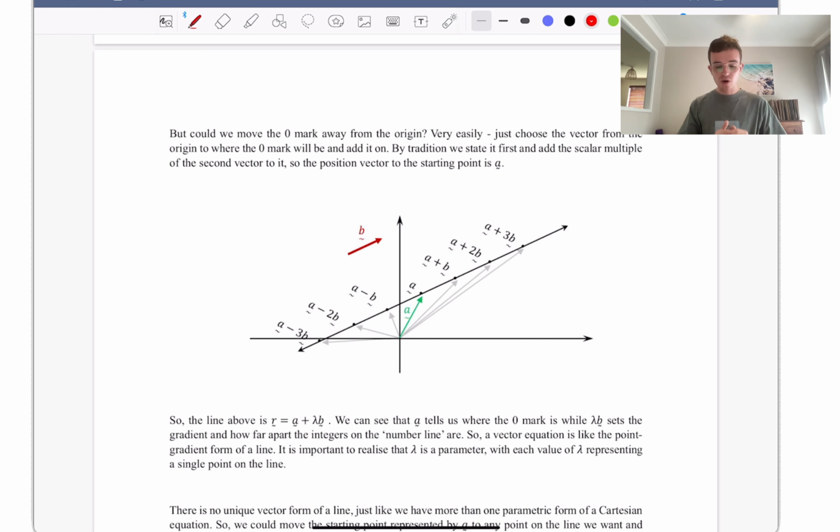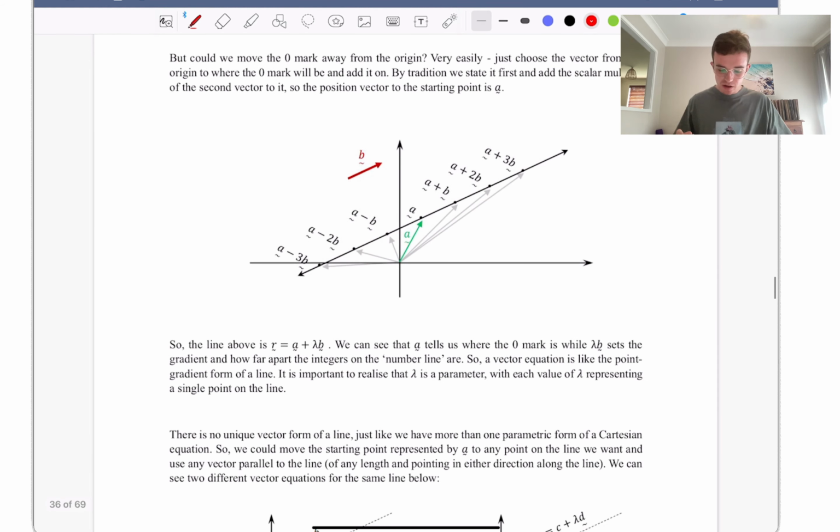So the line r is equal to a plus lambda b is some vector a, and then we're adding on that straight line. So a tells us where the zero point is, where our vector starts, and lambda b sets the gradient and how far apart these integers will be on the number line.